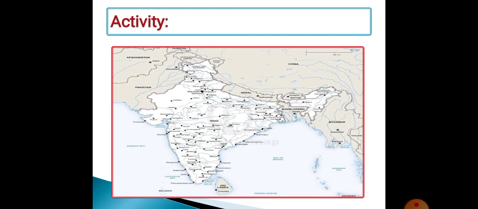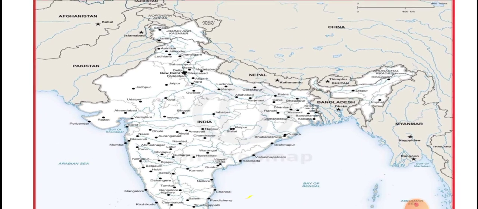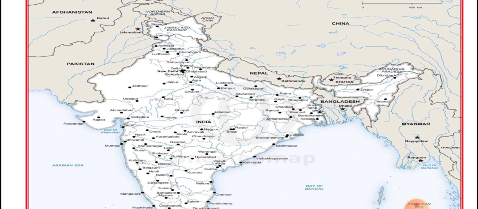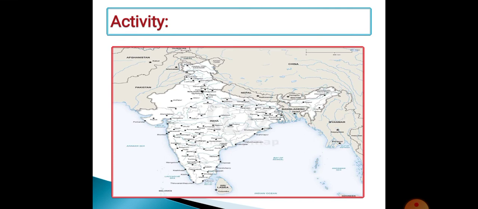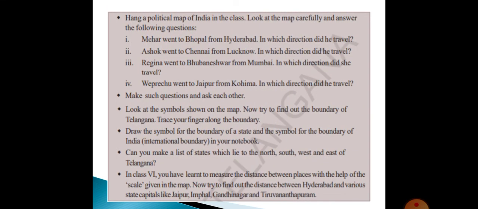Now let's go for a quick activity. You see a map of India, and I will ask you a few questions. There is an activity for you to answer these. As we see the map, I want you to write the answers down in your notes.